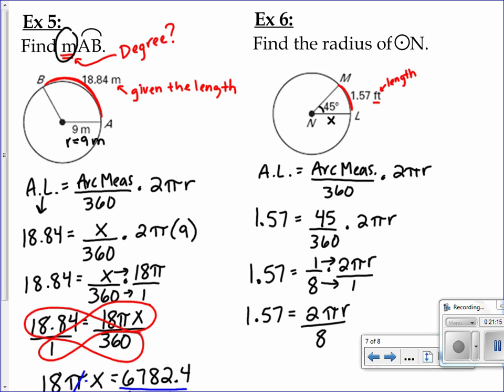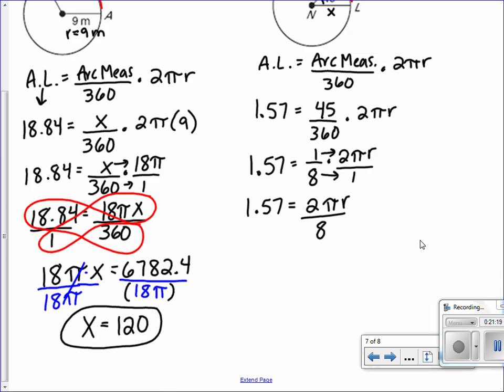And now we're basically in the same scenario as we were in example 5. I just want to solve for r. Or I guess you could call it x. So I'm going to stick 1.57 over 1, and I'm just going to cross multiply. Same thing as before. All right, so 1 times 2 pi r is just 2 pi r. 8 times 1.57 will give you 12.56.